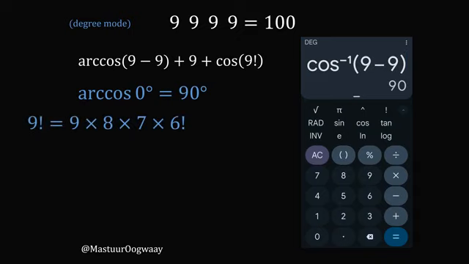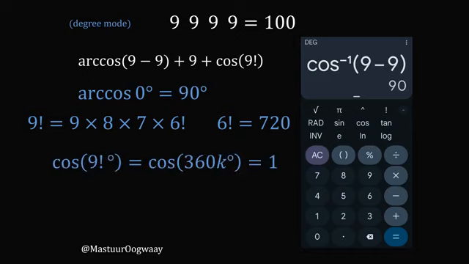So 9 factorial is equal to 9 times 8 times 7 times 6 factorial. 6 factorial is equal to 720. That is twice 360. So 9 factorial is going to end up being a multiple of 360. Now, the cosine of 9 factorial degrees will therefore be the same thing as the cosine of a multiple of 360 degrees, and that is equal to 1.